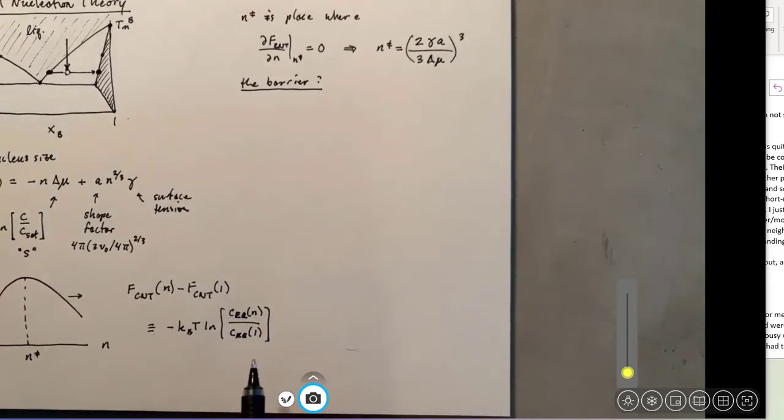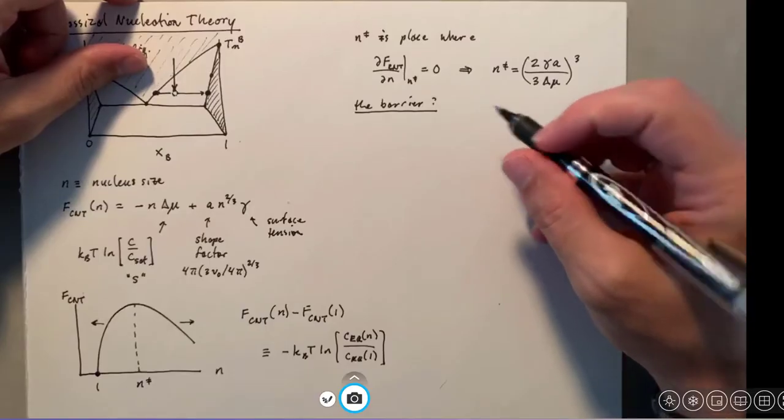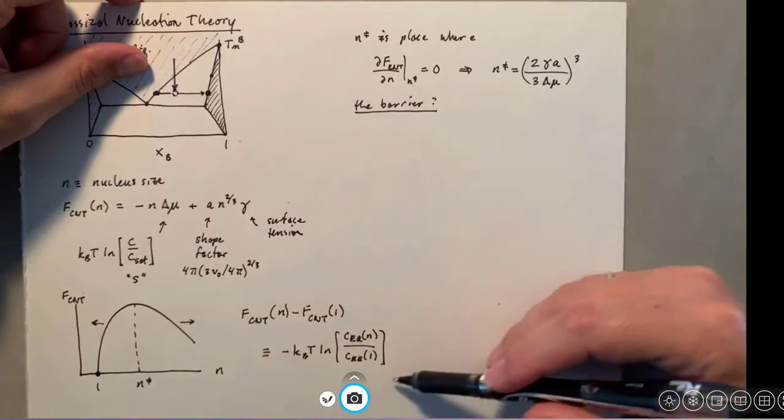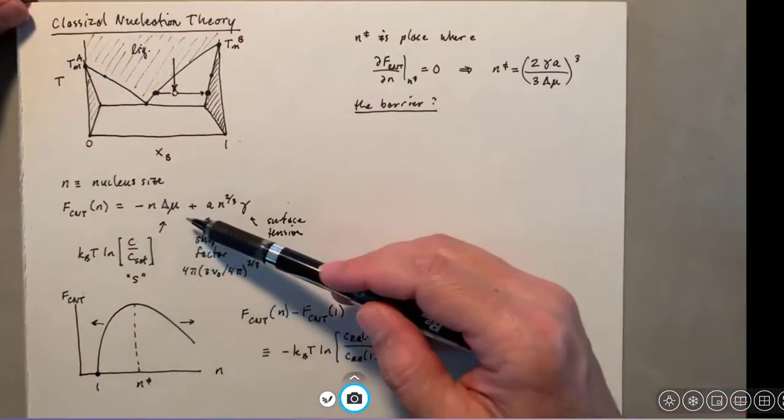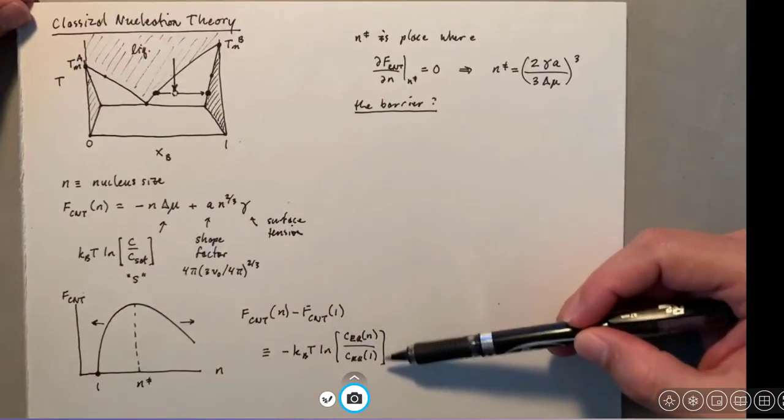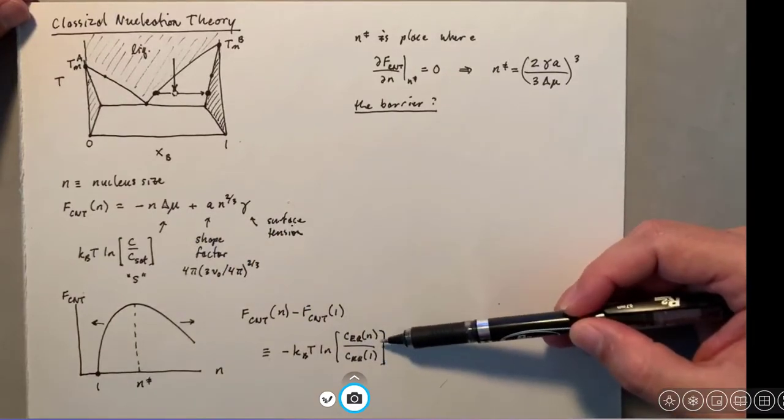Now, of course, you can check this and make sure that it's self-consistent, and it is. So if I put in n equals 1, this term becomes 1, the log vanishes, and indeed that left-hand side also goes to 0. Okay, so that gives us some physical interpretation for the meaning of the free energy profile that we talked about over here in terms of this hypothetical equilibrium between cluster sizes.